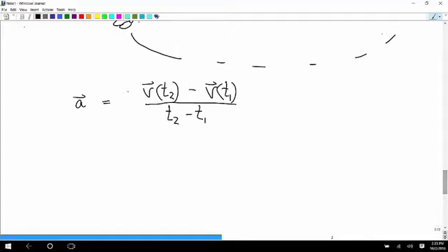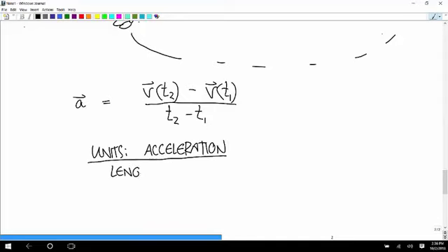And again, we don't have to differentiate in this class between average and instantaneous acceleration because we're only doing constant acceleration, so they mean the same thing. The units for acceleration are the same as they were in one dimension. So that's length over time squared. And that means that if you're using SI units, acceleration is meters per second squared.